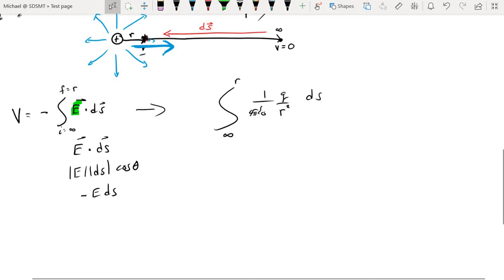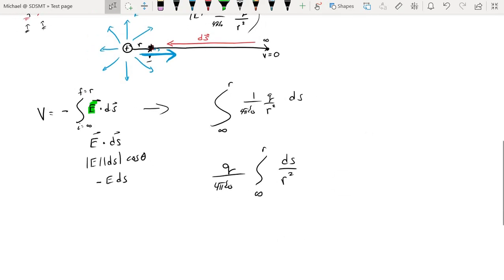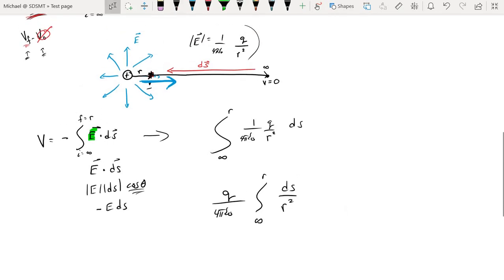Now it's time to remove any of the constants that we can from the integral. We can bring the q and the 4 pi epsilon out front, which leaves us with ds over r squared. Now we've already taken care of the angle relationship between E and ds, but now we have to integrate with respect to ds.